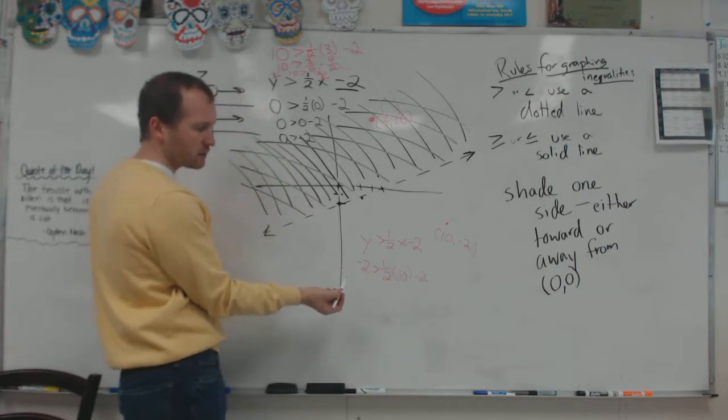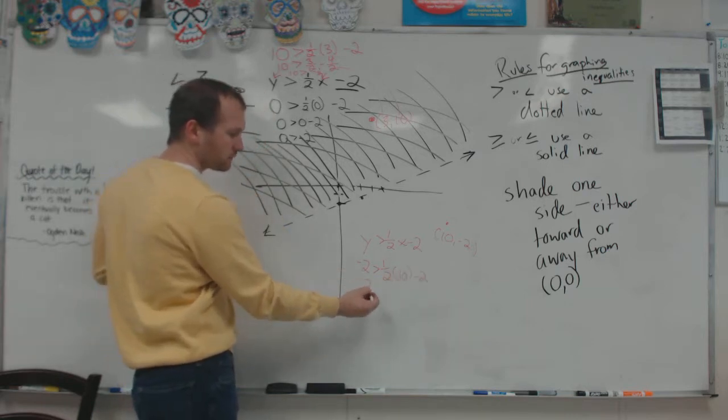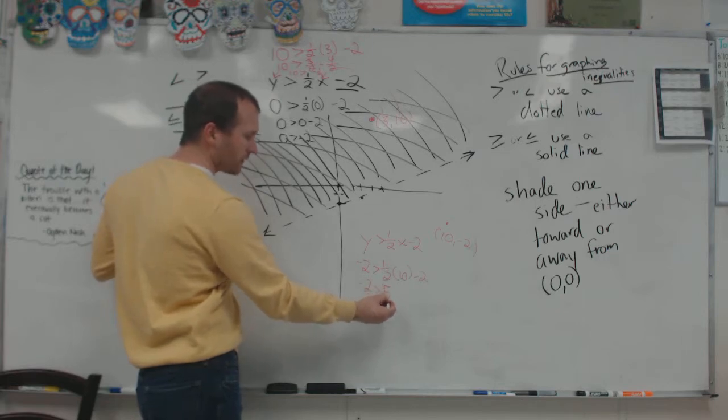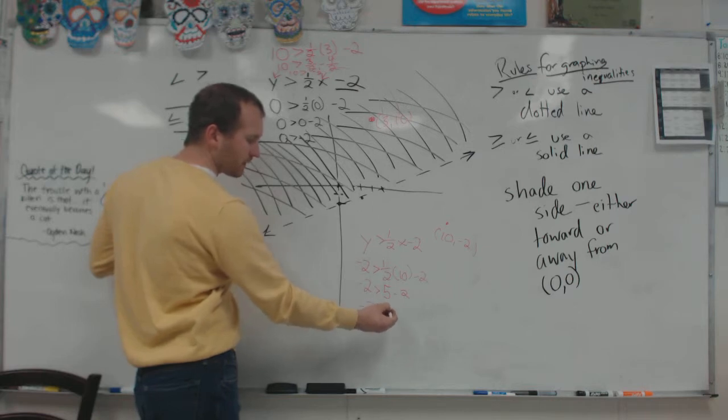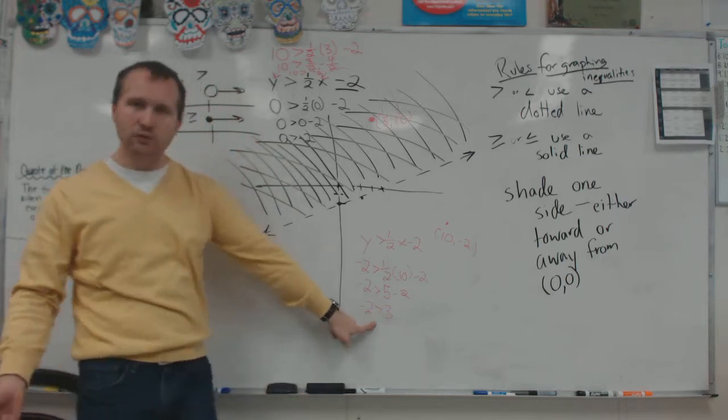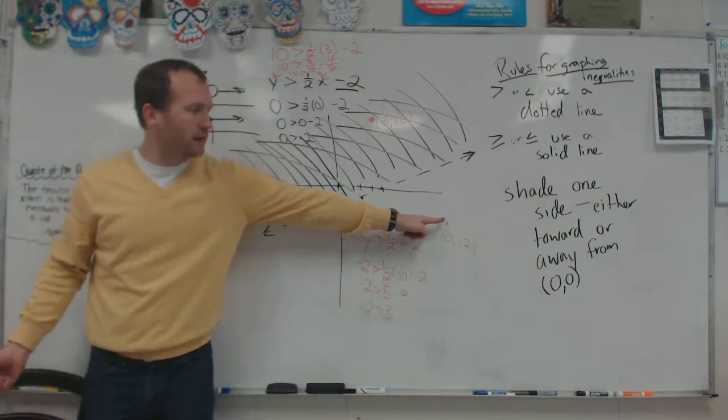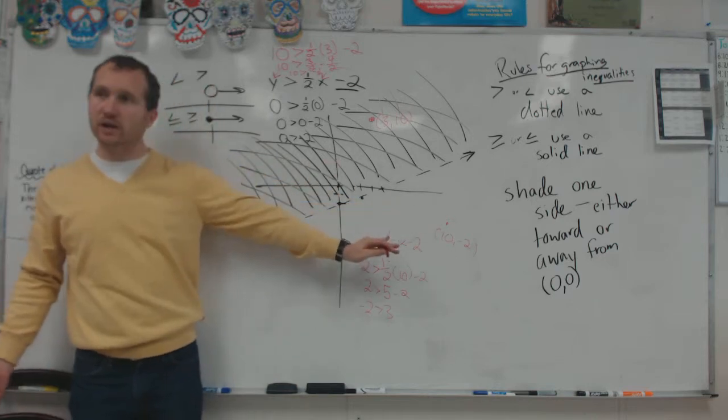This is not going to be true. Negative 2 is not going to be greater than 5 minus 2. Negative 2 is not greater than 3. This is not true because I chose a point that is not in my shaded area.